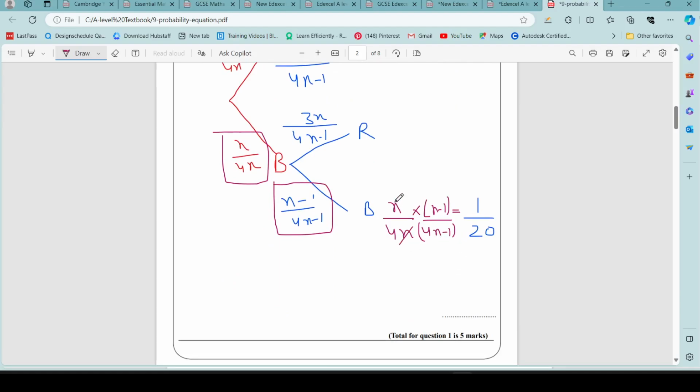This x gets cancelled out. Shifting that 4 on that side, what we'll get is x minus 1 over 4x minus 1 equals 4 over 20, which is 1 over 5.